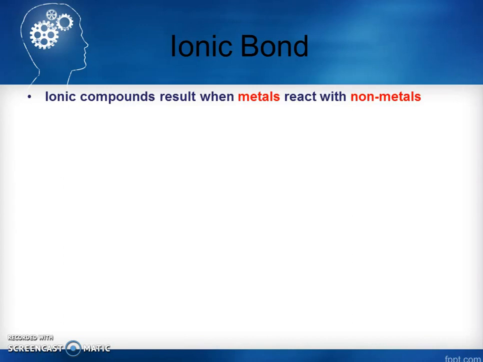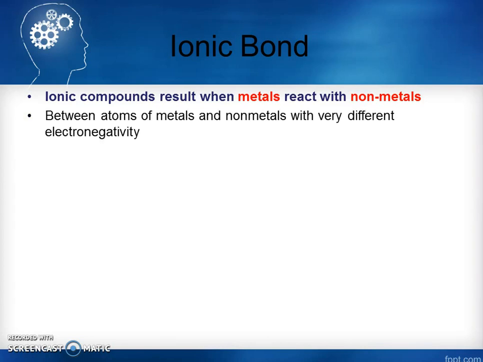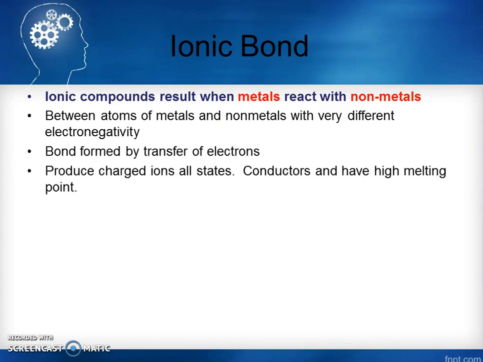So the ionic bond. Ionic compounds result when metals react with nonmetals, between atoms of metals and nonmetals with very different electronegativity. Recall, electronegativity is the ability to strip away electrons from another atom. So bonds are formed by the transfer of electrons.